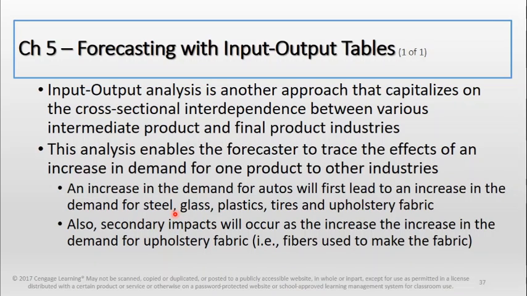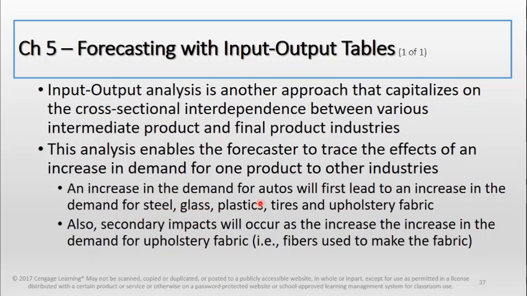Aside from that, given that there is an increase in demand for your inputs, secondary impacts will occur as the demand for upholstery fabrics increases. These inputs, which in turn are also outputs, are also products.